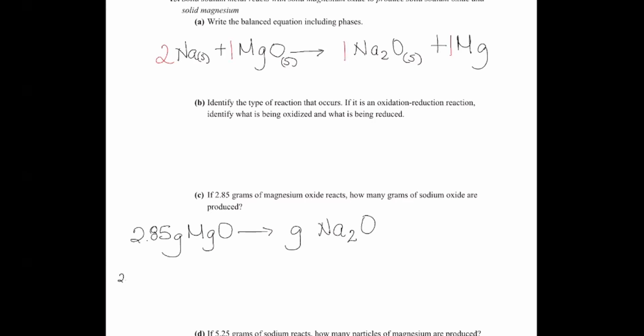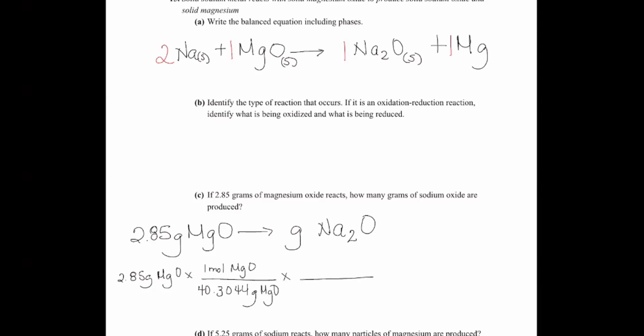I'm going to write 2.85 grams MgO. What molar mass do I need? The one for magnesium oxide. So on the top, I'm going to say 1 mole of MgO. In the bottom, I'm going to do 15.9994 plus magnesium, which is 24.3050. This is 40.3044 grams of MgO.